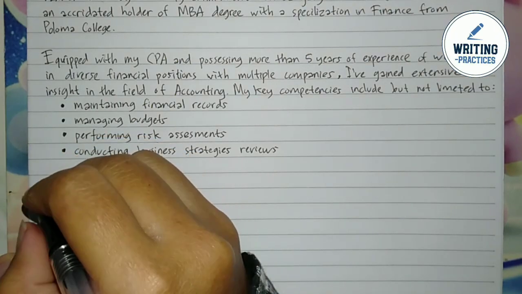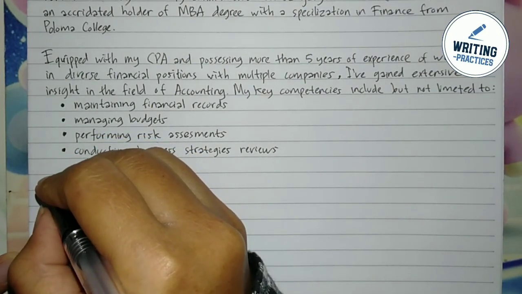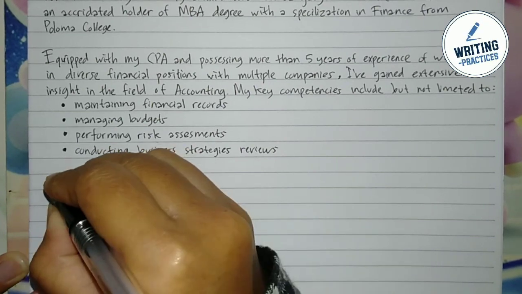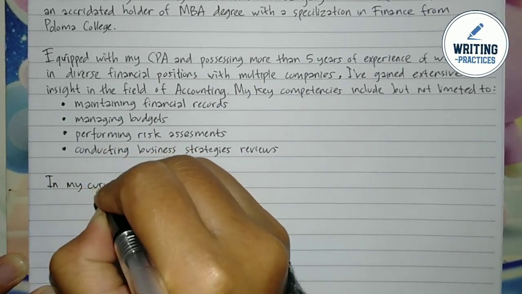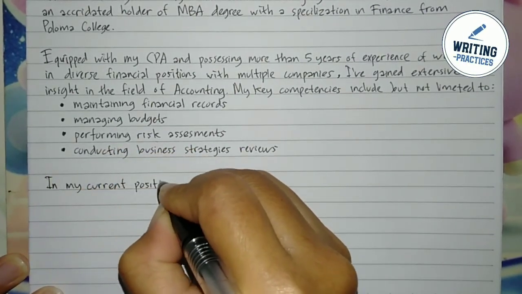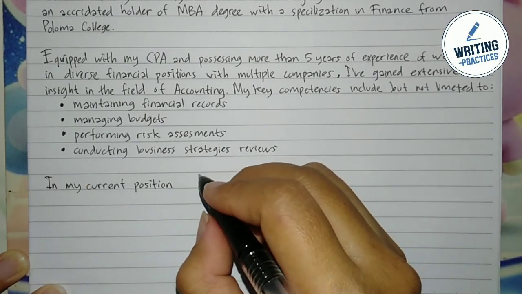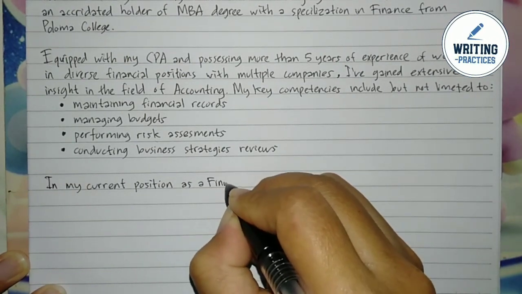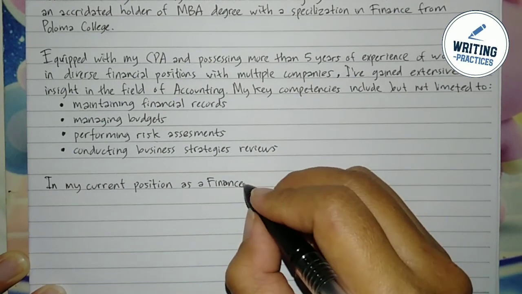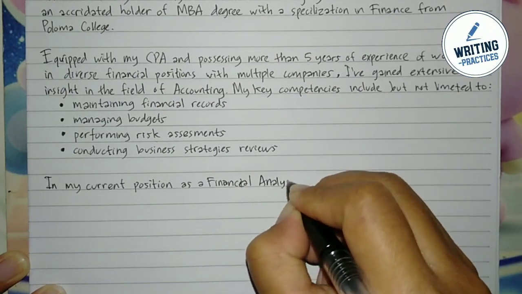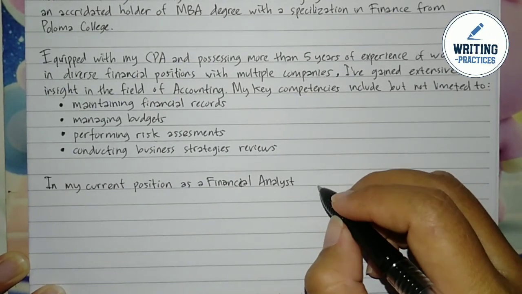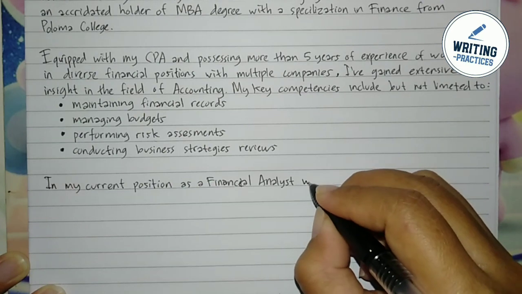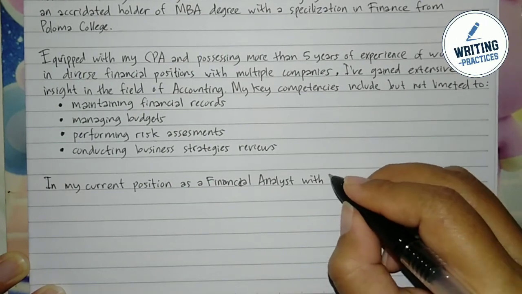In the fourth paragraph, write about your skills and plus points about yourself that will be very useful to the job position and company you apply to. You can mention your current position, and in this example as financial assistant.